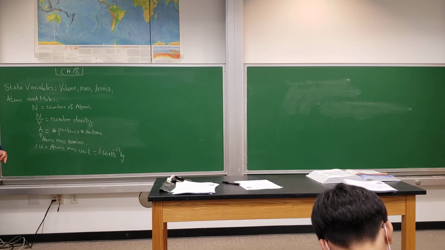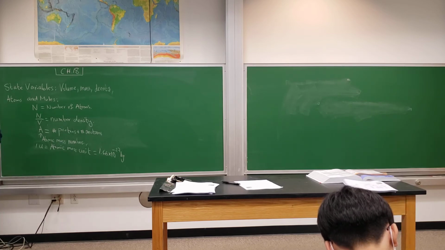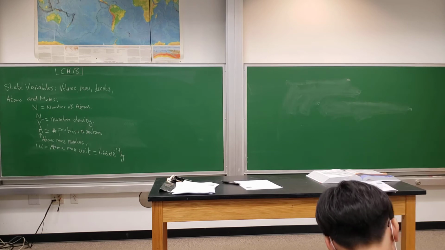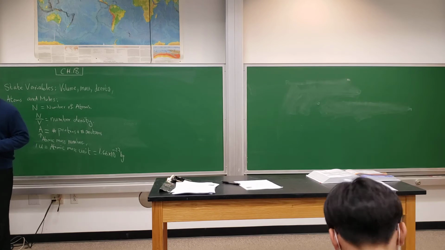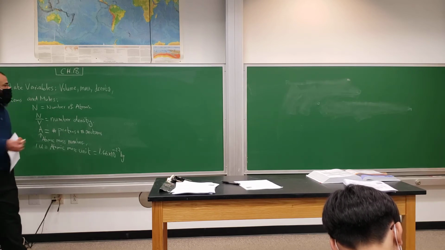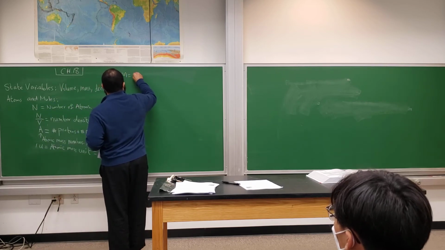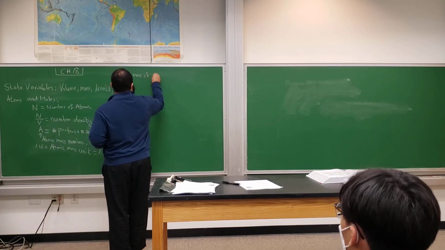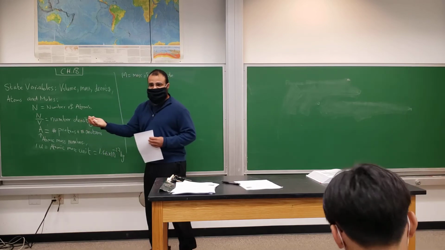So how many atoms? Let's say you have a sample, a piece of iron, and it has a mass capital M, and the mass per atom is little m. How would you get the number of atoms? Capital M is the mass of a sample, so macroscopic, something you can hold in your hand.